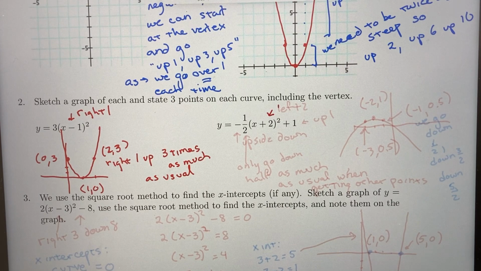This one, left 2, up 1, and then don't forget upside down. But we'll only be going down half as much.